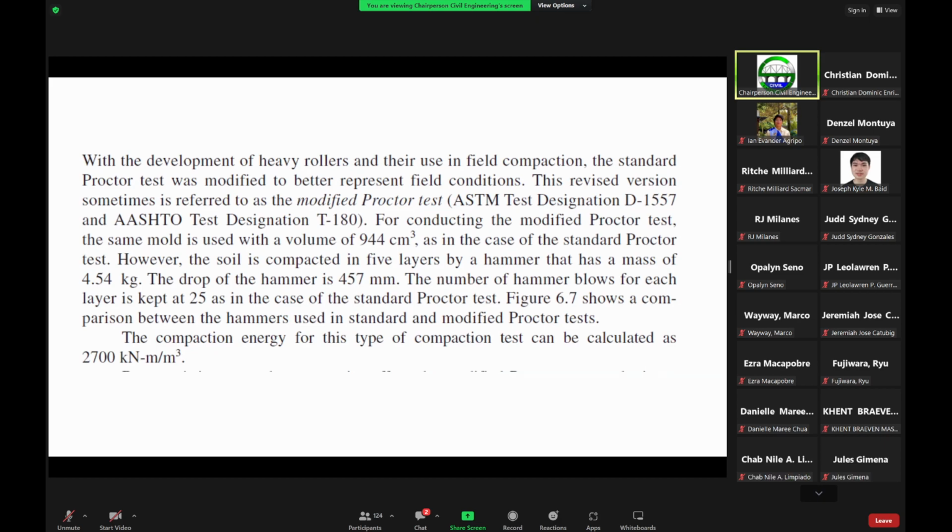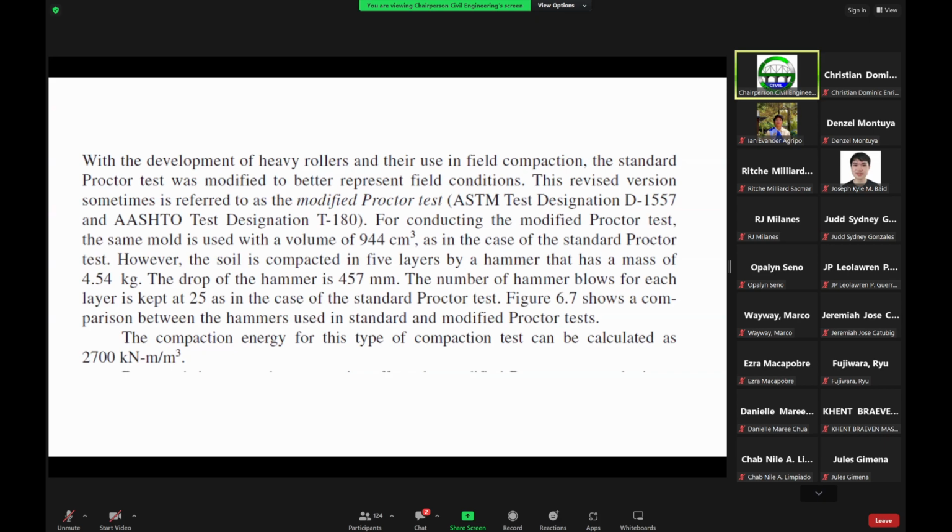However, the soil is compacted this time into 5 layers instead of 3 layers by a hammer that has a mass of 4.54 kilograms, compared to the standard Proctor test, which is about 2.5 kilograms. So the hammer is heavier.